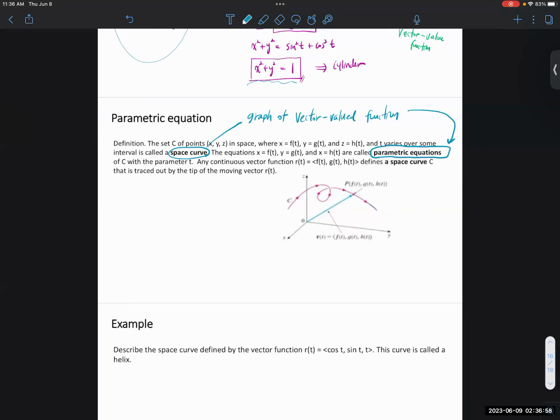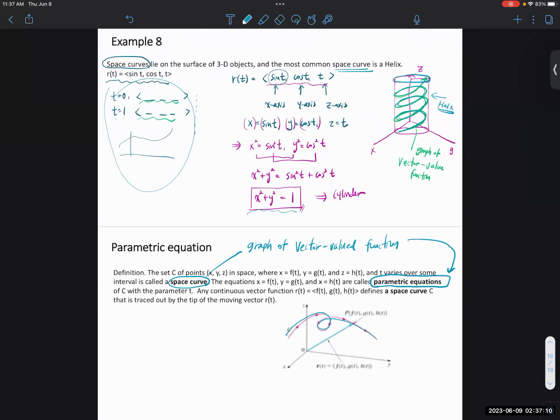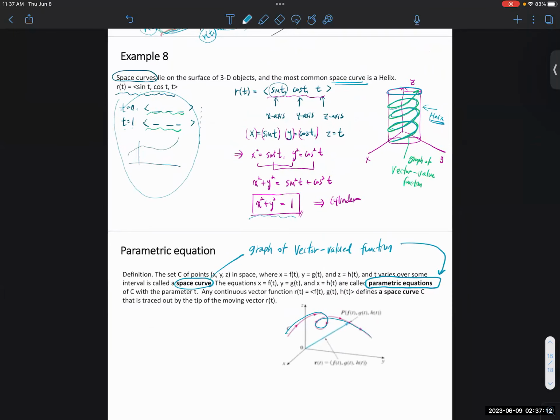But when you create this space curve, sometimes they're creating the cylinder, depending on the shape, or sometimes they're creating other shapes, like a cubic shape. It's a very, very wide variety. We don't need to know everything right now. Just remember, a space curve is a graph of the vector value function, and then you will find out the parametric equation. So let me just do one last example.